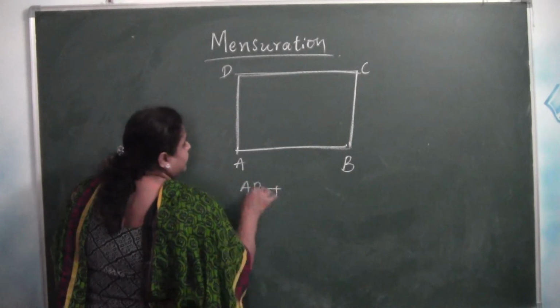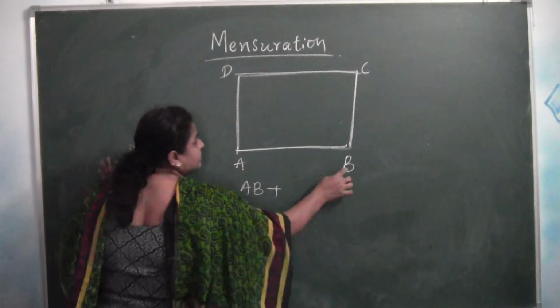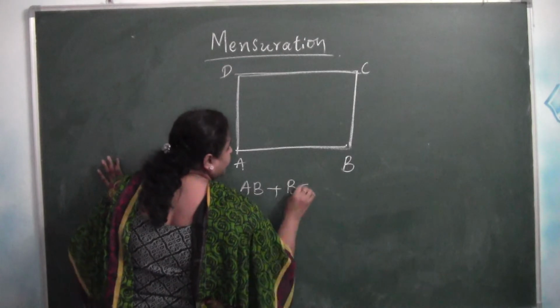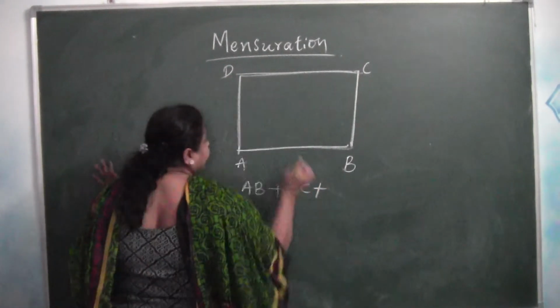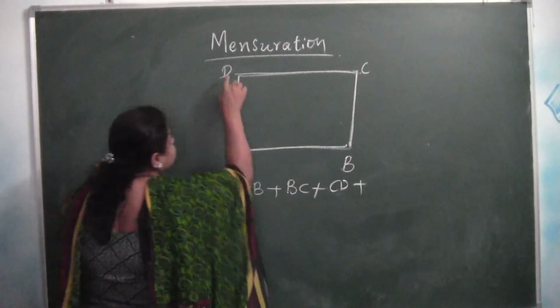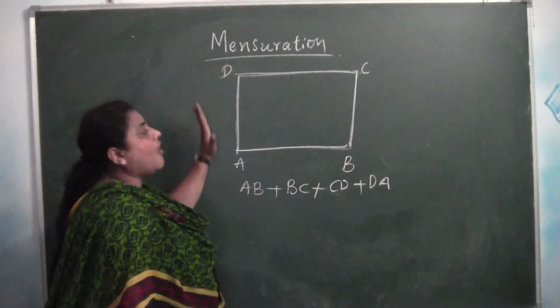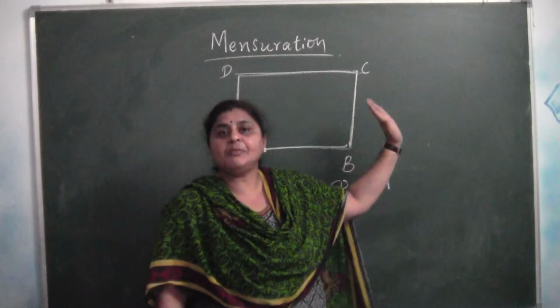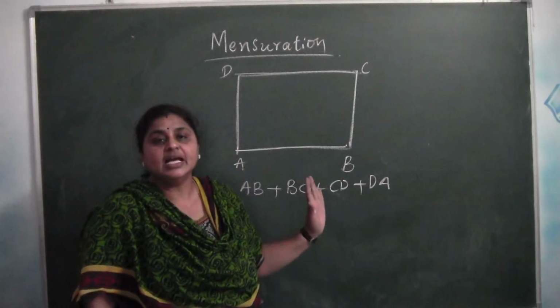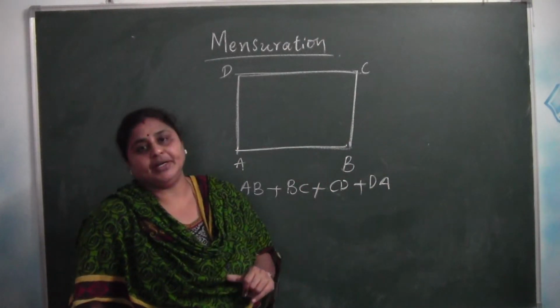AB plus BC plus CD plus DA. The sum of all the 4 sides is called the perimeter.